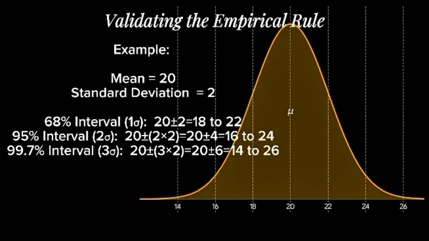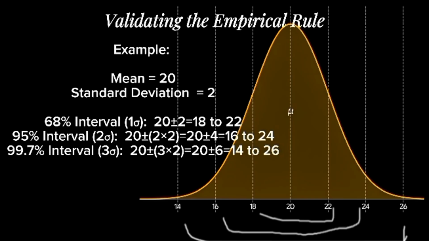To find the 68% interval, we add and subtract 2, giving 18 to 22. For the 95% interval, we go two standard deviations, which is 4 points, resulting in 16 to 24. And for the 99.7% interval, we go 3 standard deviations out, reaching 14 to 26.